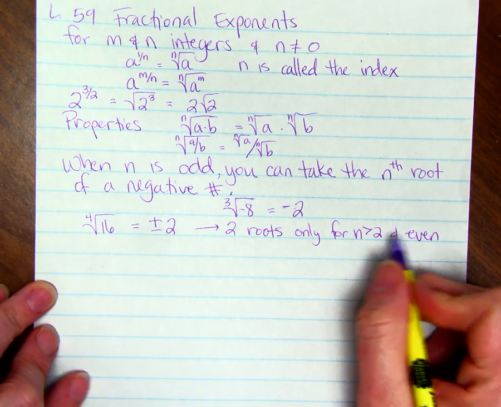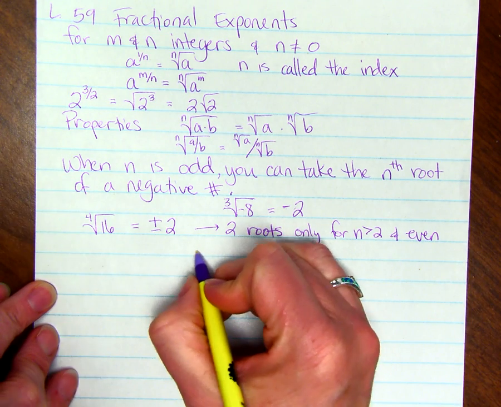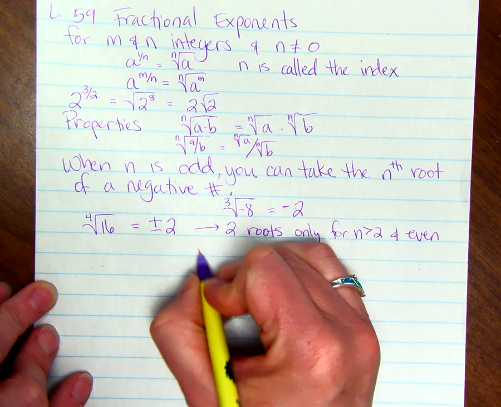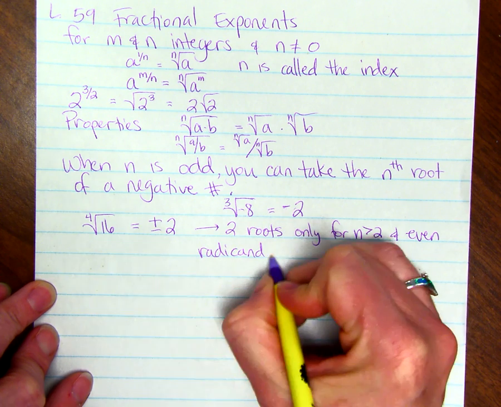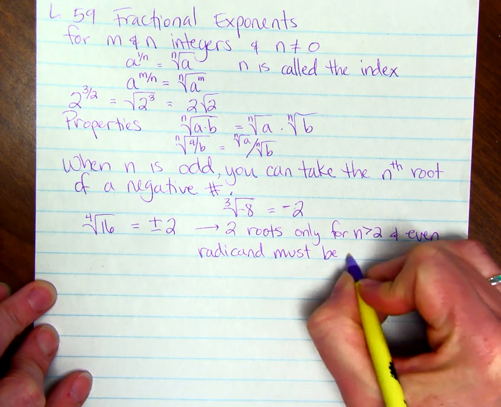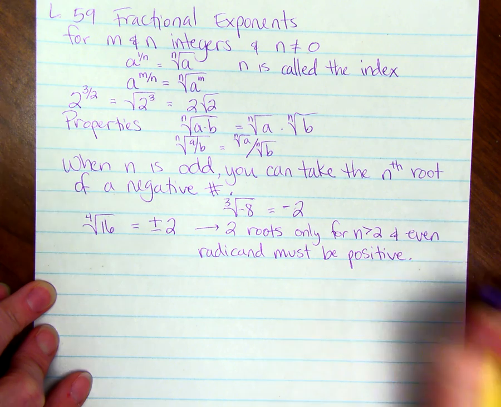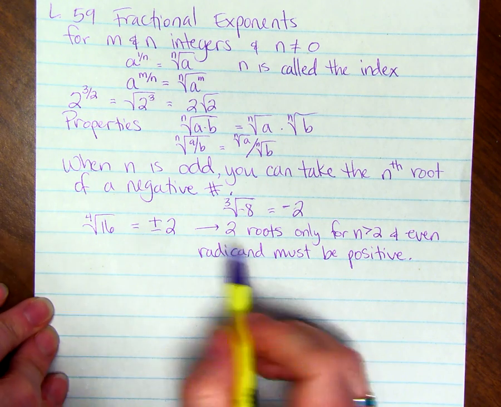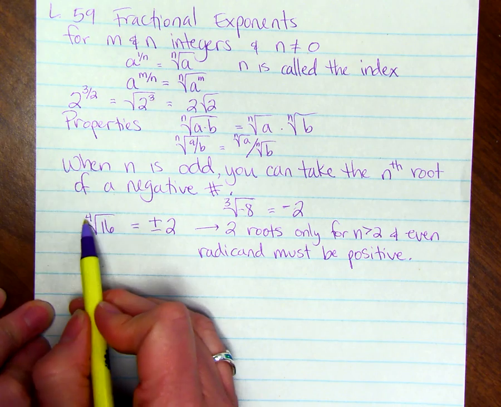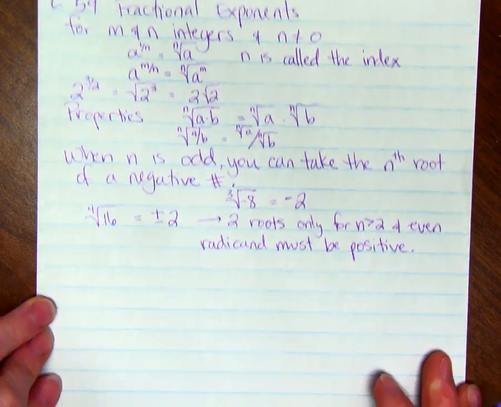So n has to be even and greater than 2. Also, the radicand must be positive. So if the radicand is negative, you cannot take an even indexed root.